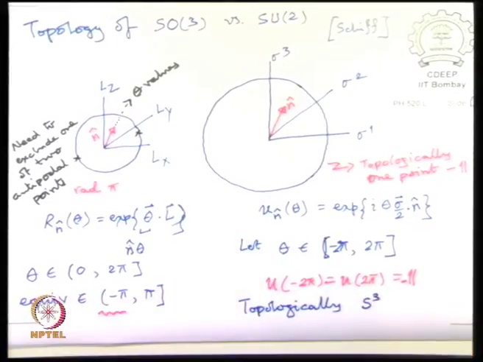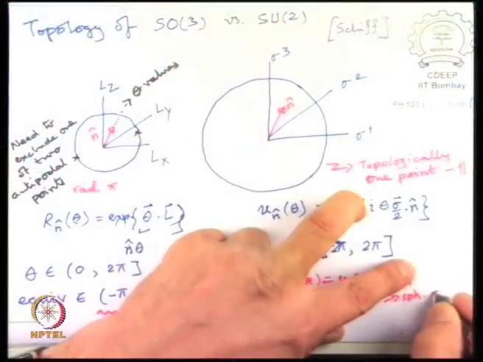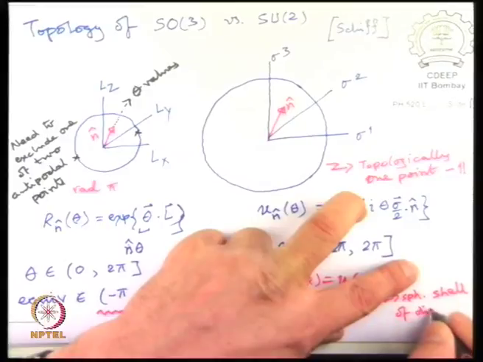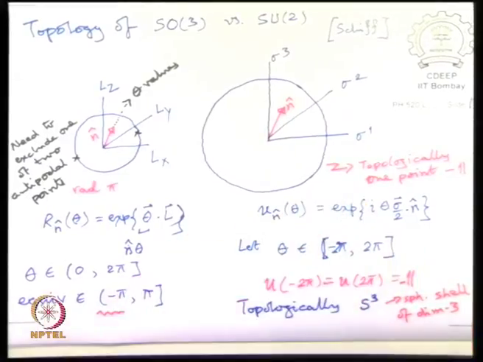So, S1 is a circle, S2 is a spherical shell in 3 dimensions, and S3 is a spherical shell of dimension 4. Its intrinsic dimensionality is 3, just as the intrinsic dimensionality of a shell is 2. It's a 2 sphere, although it occupies 3 dimensions. An ant walking on it only detects 2 dimensions.